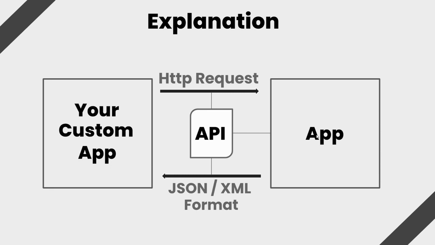And so what this means is that the app we have on the right side here, let's assume we want to make use of Google Map on our website. So this app here is actually Google Map. It's one of the services that Google offers. So let's assume this is Google Map, and this is our custom app right here.